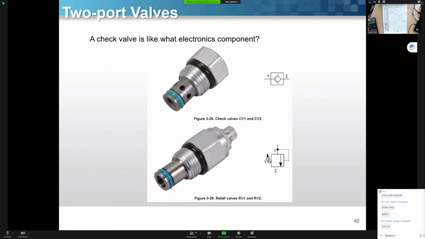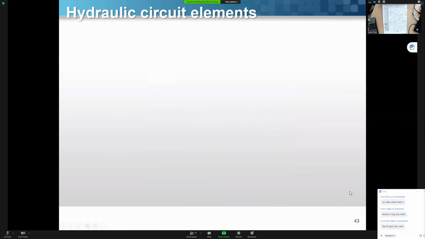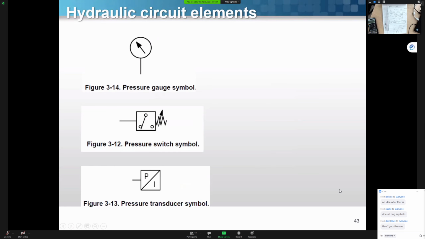So when you're working on high voltage, what if you have a lightning strike? What do you use to protect your line? Lightning arrester, okay.